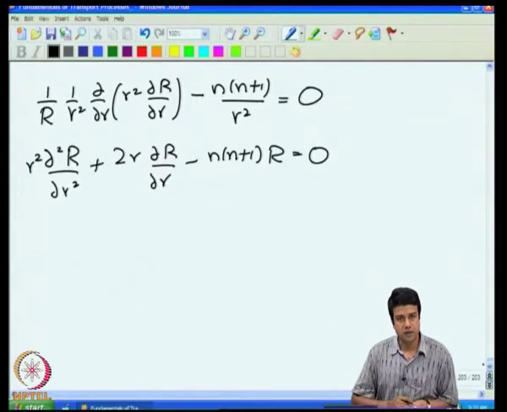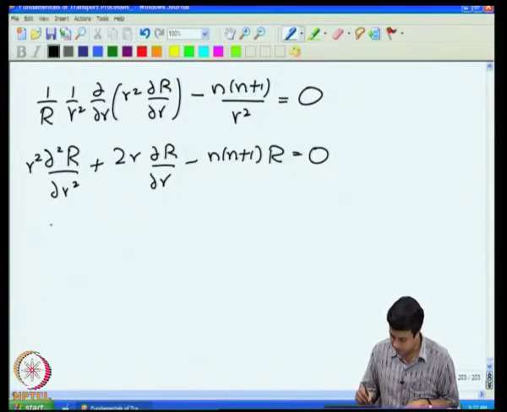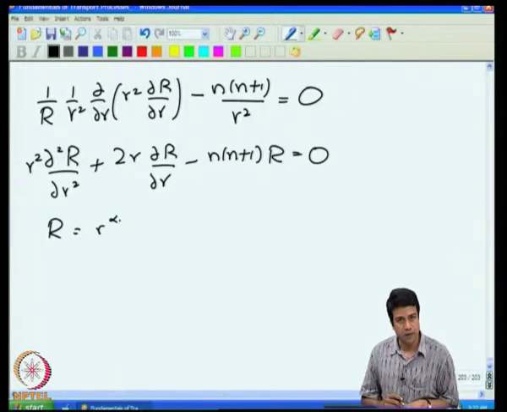This equation, as you can see, is equidimensional in small r. Therefore, the solutions have to be of the form R equal to r power alpha, where the exponent alpha is determined by inserting into this equation and then solving.